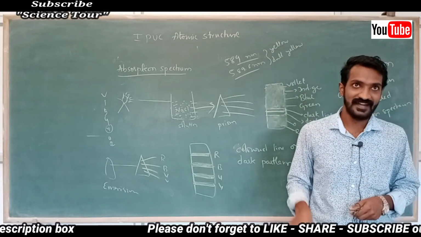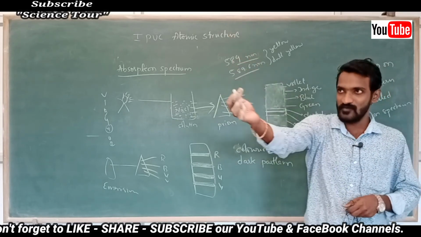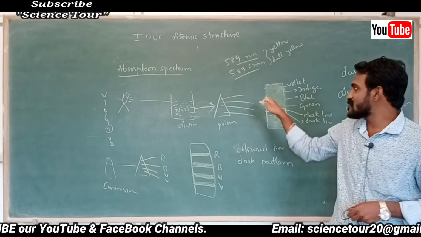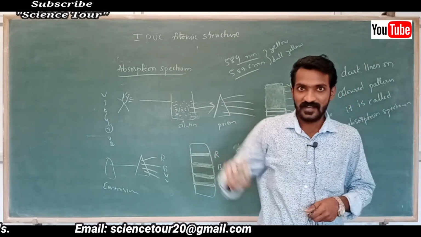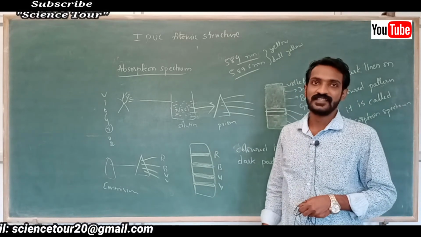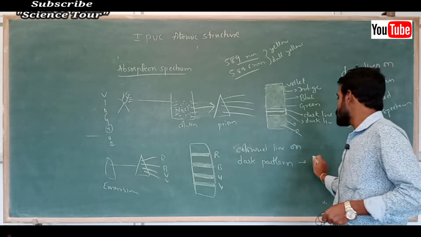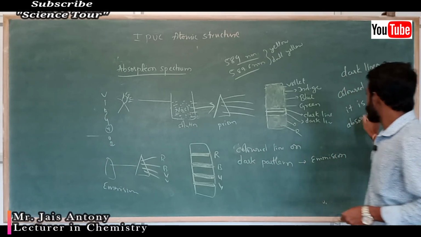Imagine fully colored, you remove one color, then what you can see is a dark line on colored space. Here you see fully dark, four colored lines, that is nothing but colored lines on dark pattern. It is called emission. This is called absorption.